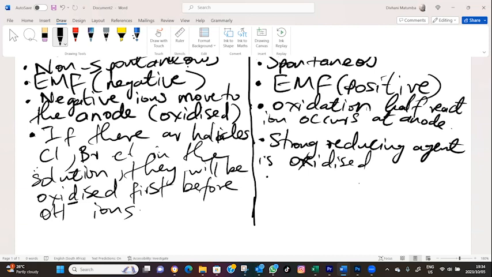Let's say, for instance, zinc oxidizing.